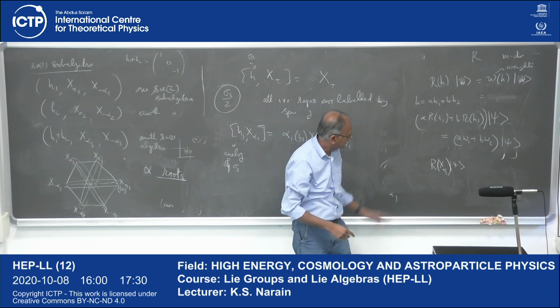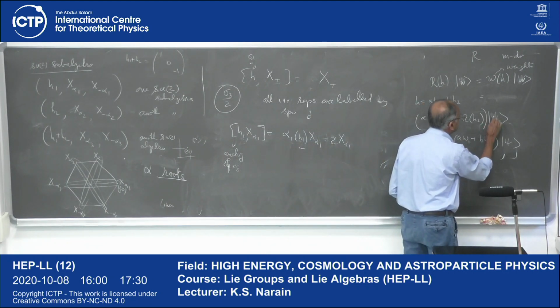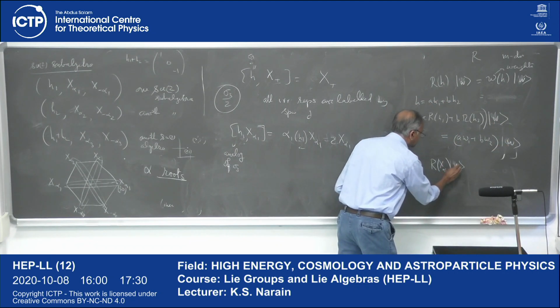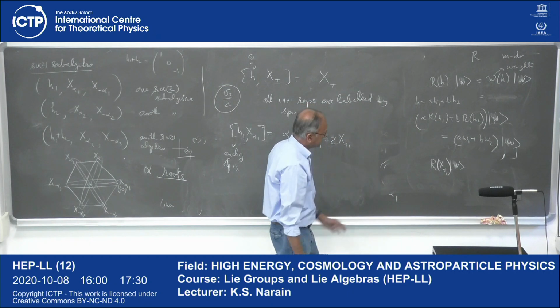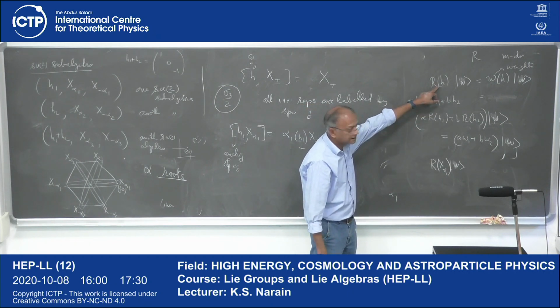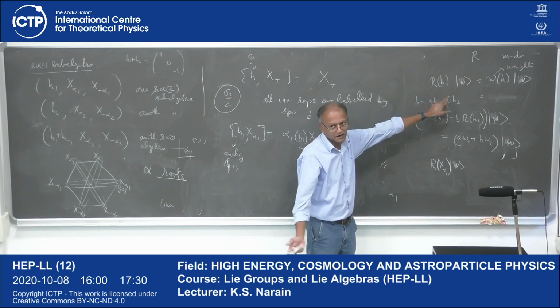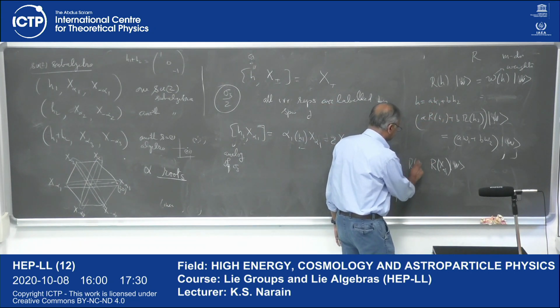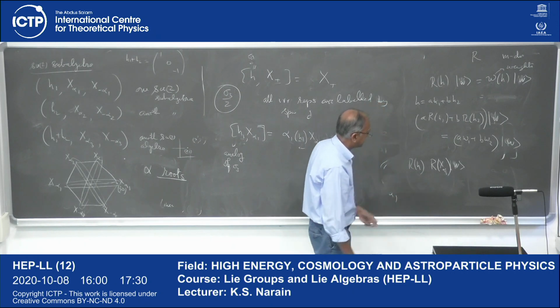That convention is better. So I want to ask the question, what happens to this? Is it an eigenvector again of RH? And if so, what is the eigenvalue? This is the first question. So let's apply RH on this to see whether it's an eigenvector.